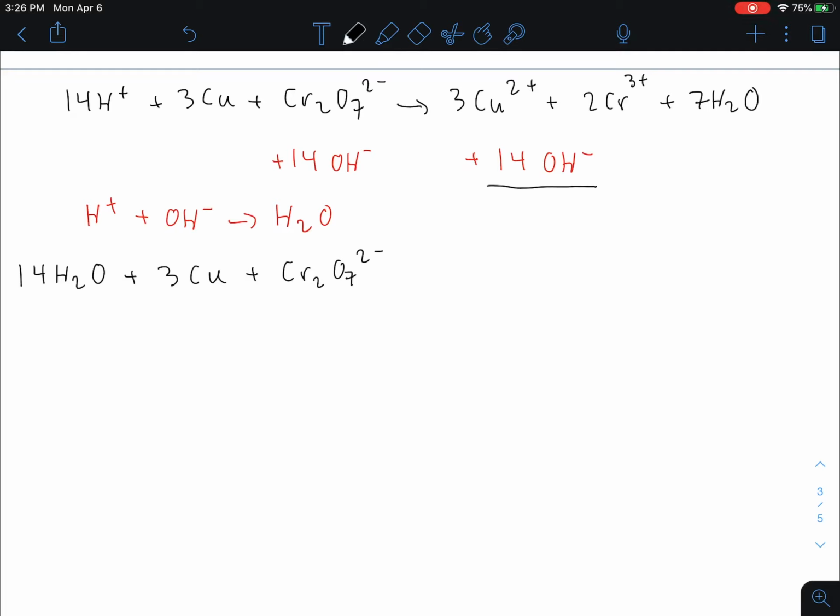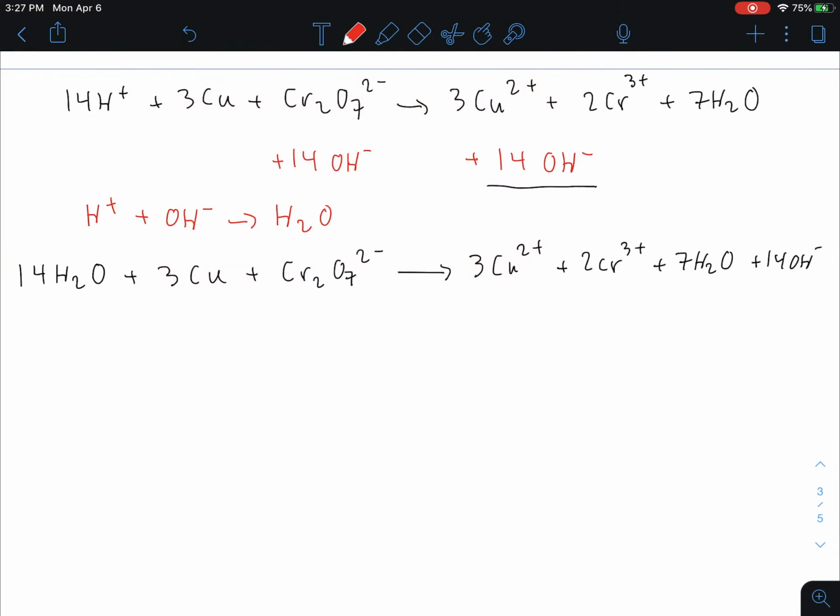So the H plus is all gone. It reacted with the OH minus we added. And now it's all water. And on this side, 3 copper 2 plus, 2 chromium 3 plus, 7 waters, plus 14 hydroxides.